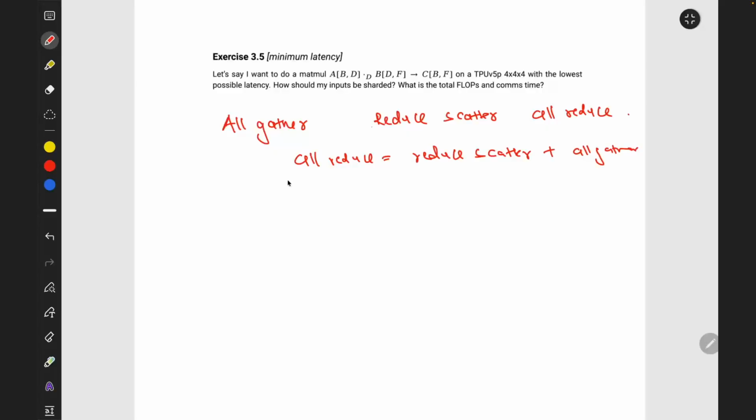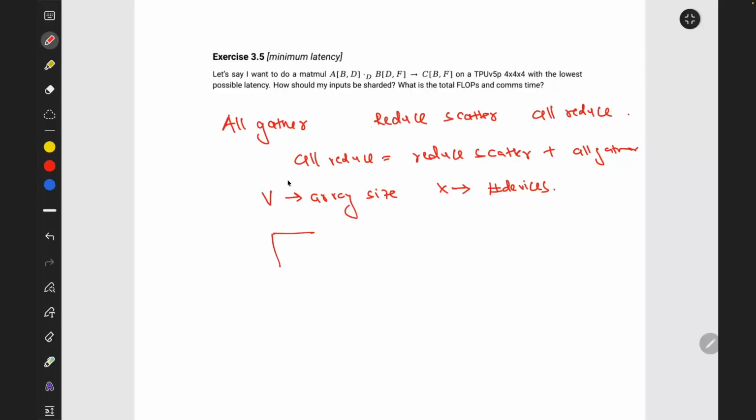So if we look at the communication for all gather, suppose you have an array of size V, and X is your number of devices.